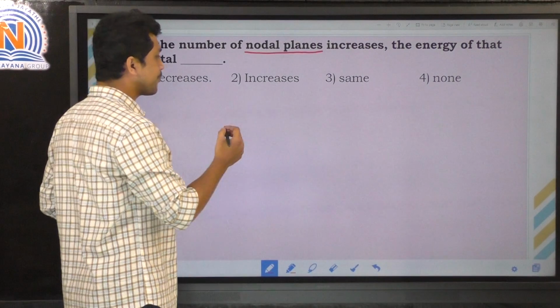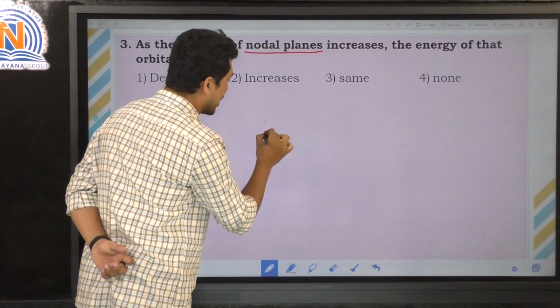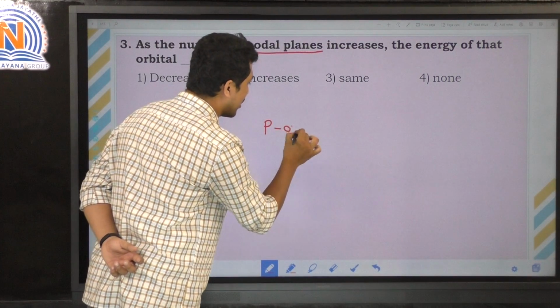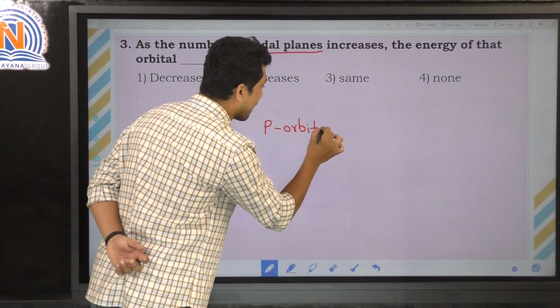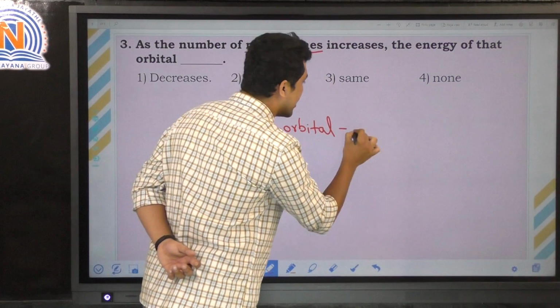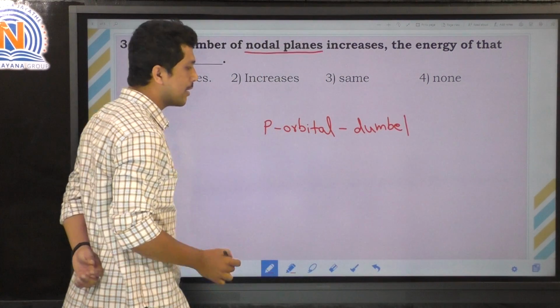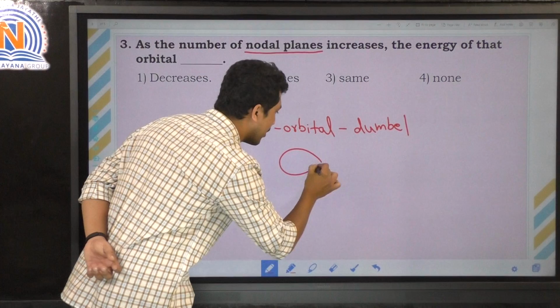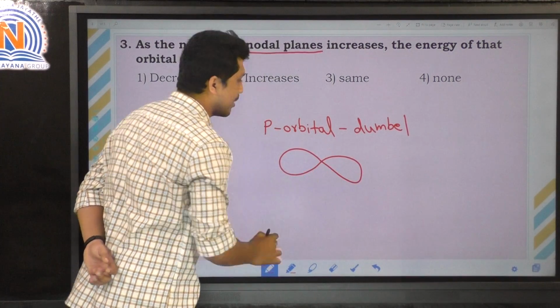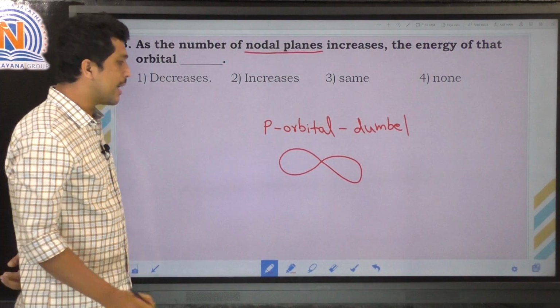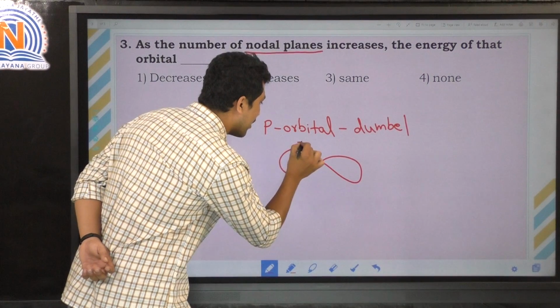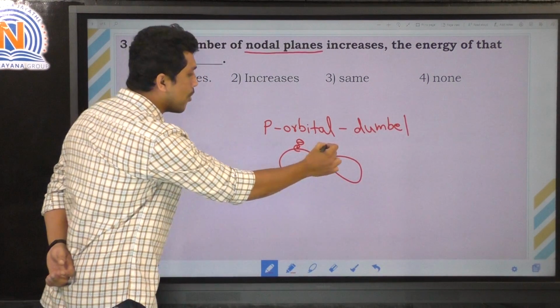For example, if you take the p orbital, the p orbital shape is dumbbell, right? So this is the p orbital. The electrons are revolving around in this shape.